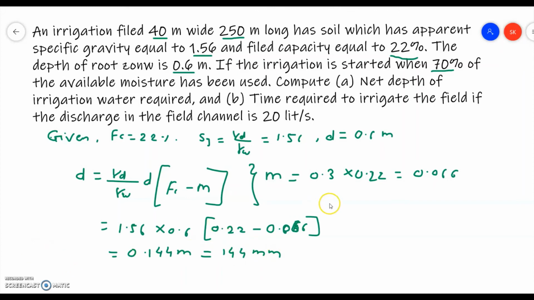Now the second term, we are supposed to find out the time required. So how can we find out the time required? For that there is a simple formula. T is equal to area multiplied by dw, which we have got as 144 mm, divided by Q, the discharge, which is given as 20 liter per second.